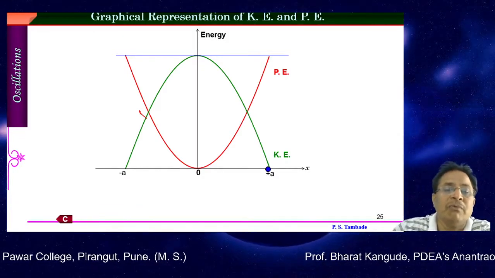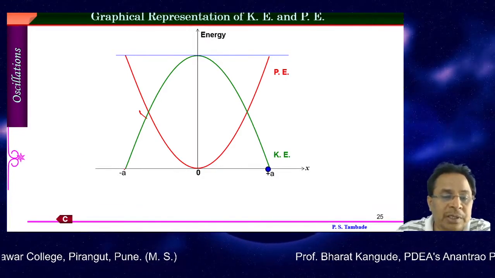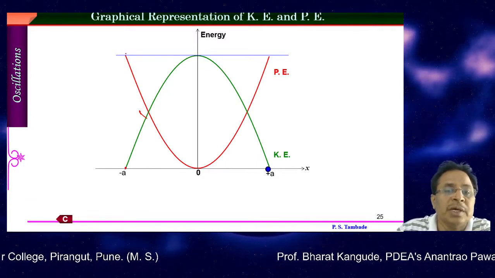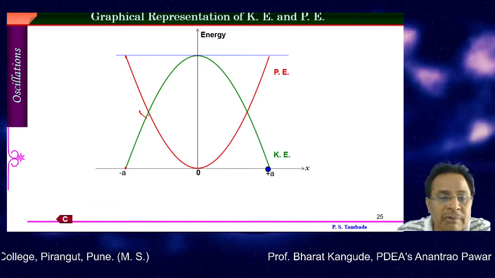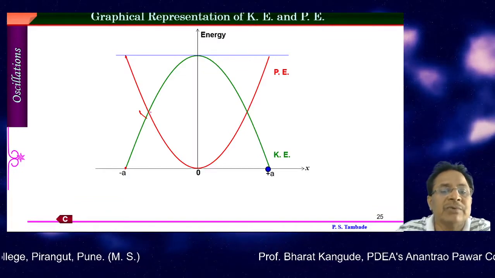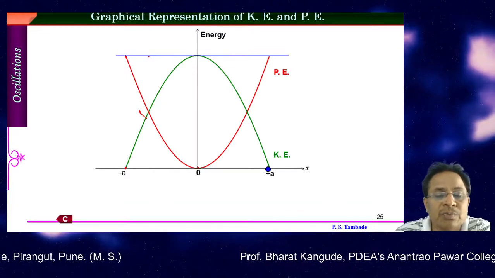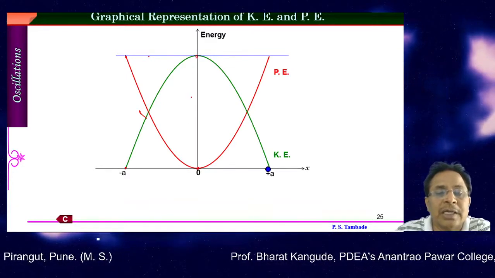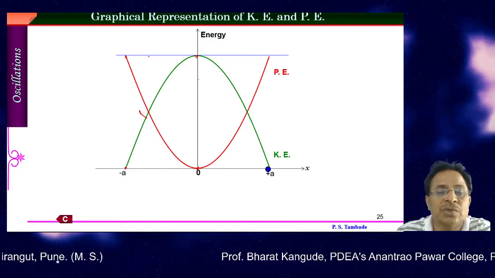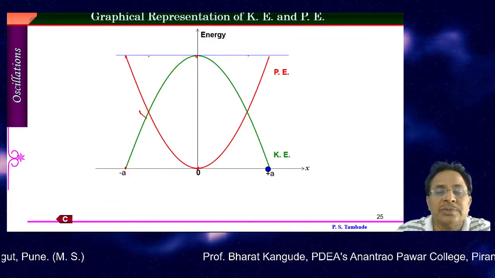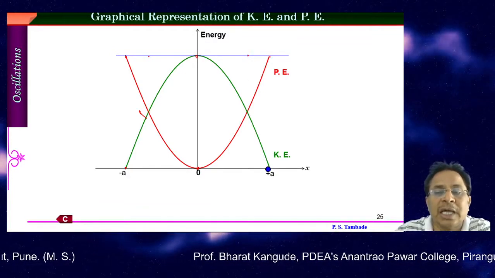And remember, whatever location I am taking here, at this point the value is 0, but here it is a maximum. Here the value is half of this and half of this. Adding these, I get this point. When I add this point and this point, even though the potential is 0, the kinetic is maximum, so I get this point. Here again, adding this, I get this point.